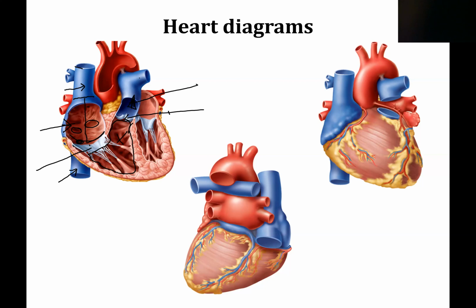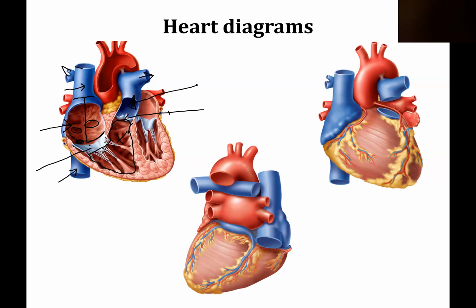The blood then goes into the pulmonary arteries. This is the one going to the left side. The right one is going to go behind the aorta, behind the superior vena cava, and emerge over here.